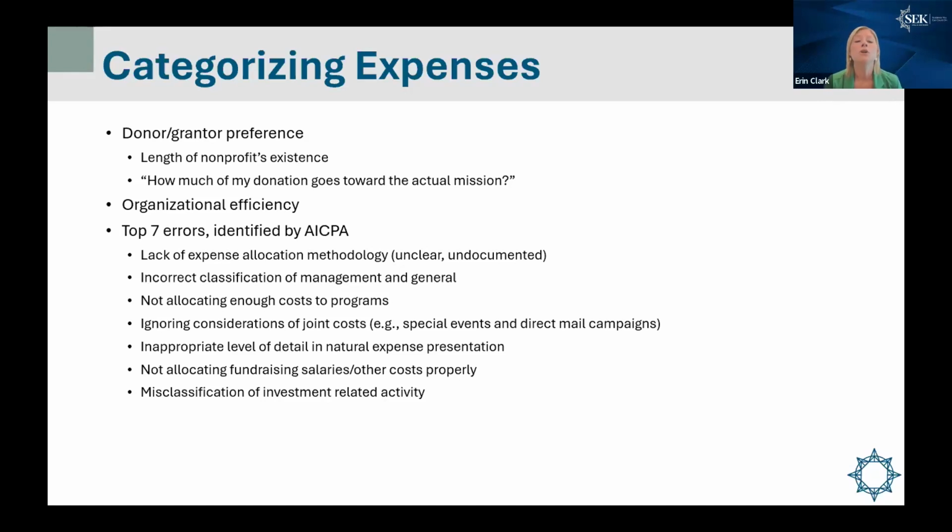So to that point, that's actually a great segue for the second bullet point, which is the incorrect classification of management in general. I think a lot of times that becomes kind of the catch-all if there doesn't appear to be a direct correlation to what an individual is doing, whether we're talking about salaries or, maybe you're buying supplies, but maybe some of it is office related, maybe some of it you're going to use for client related expenses, but it's just easier to put the whole expense to G&A.